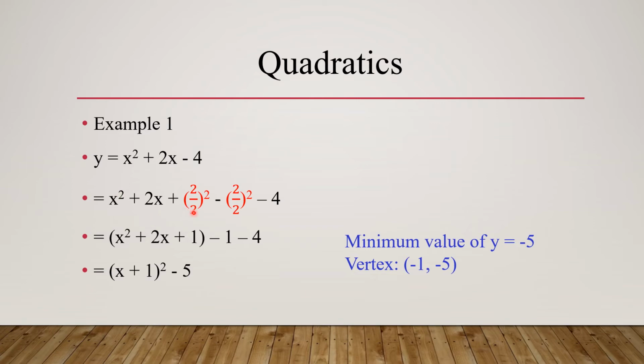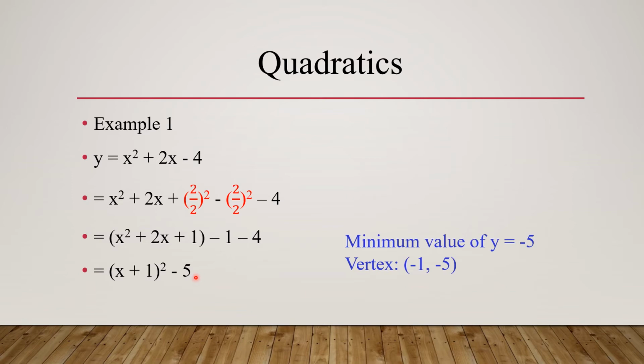And by looking at the first half here, we see that it can be grouped into x squared plus 2x plus 1. And then here is minus 1 minus 4. So altogether, after the perfect square, we have minus 5.